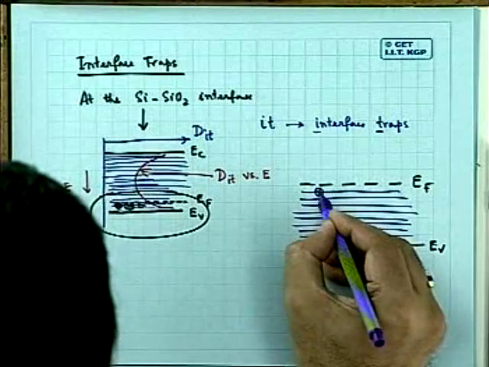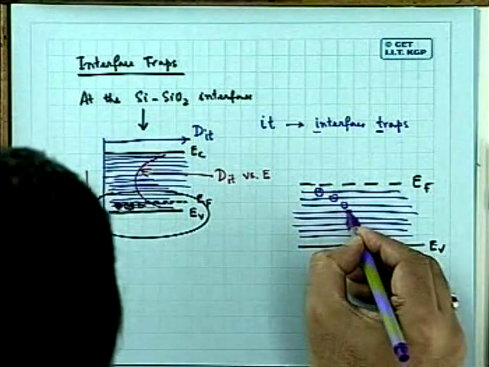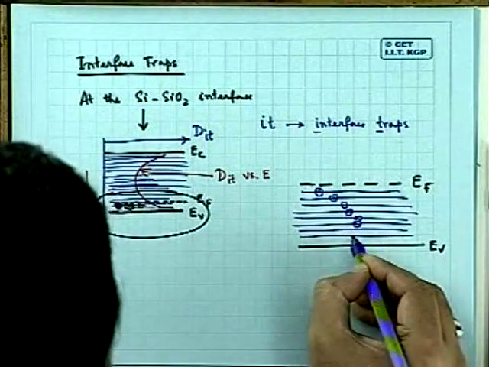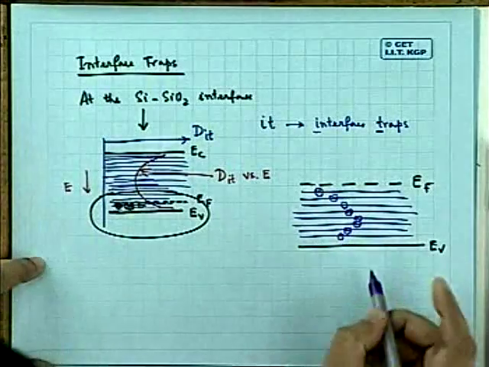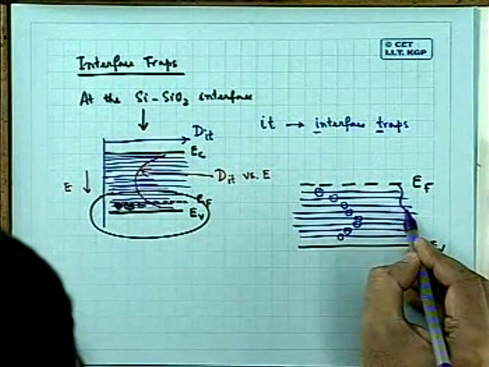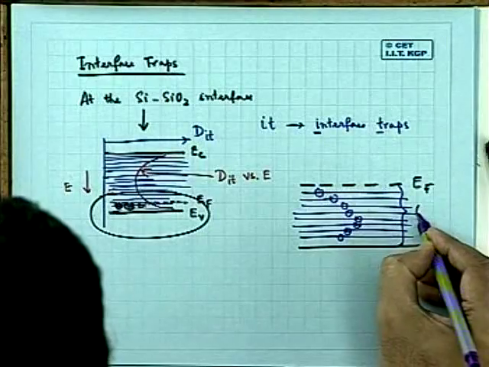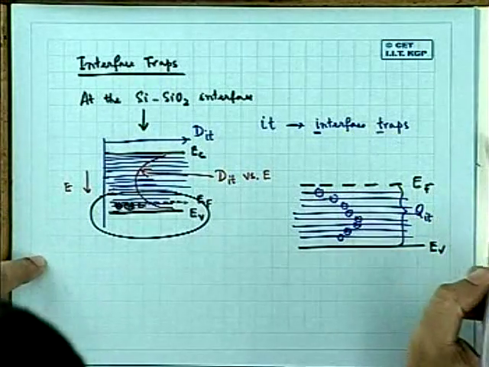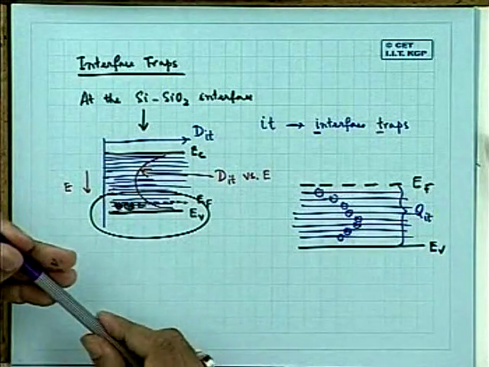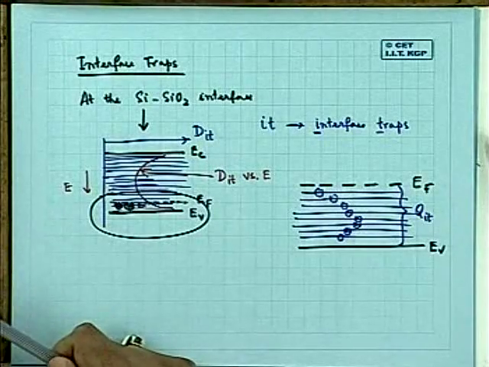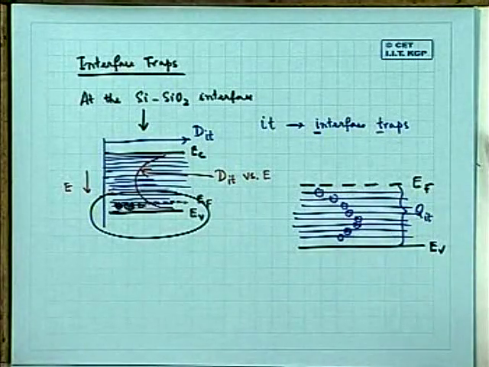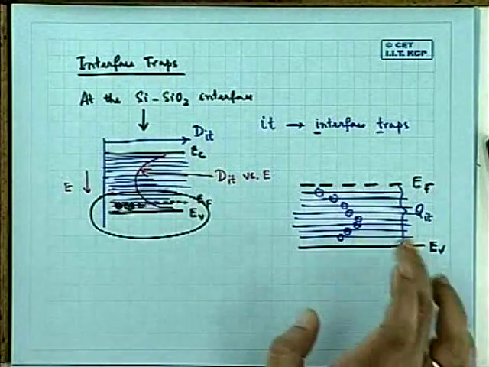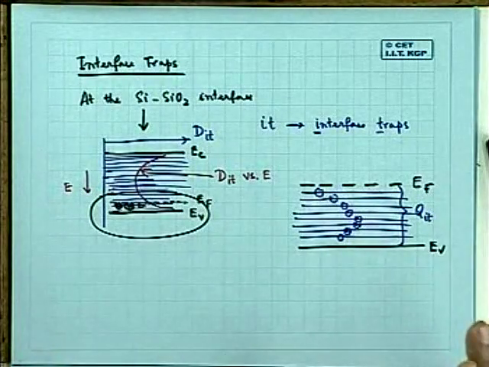So there will be a lot of electrons here, considering that these are spin, and that will contribute a QIT, which will be negative because it is dominated by electrons. This QIT concept we have never introduced in our analysis so far. But will it affect?